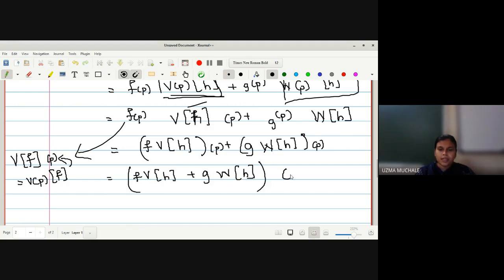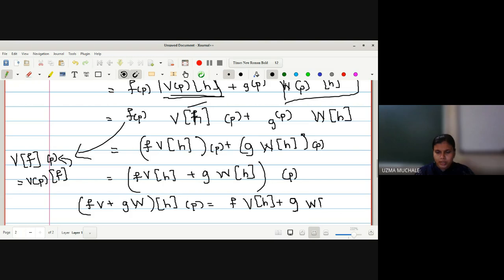Now point P is an arbitrary point in this space, and we started with fv plus gw, the directional derivative of function h in the direction of this vector field, evaluated by point-wise application. We got it as f vh plus g wh at a point P.